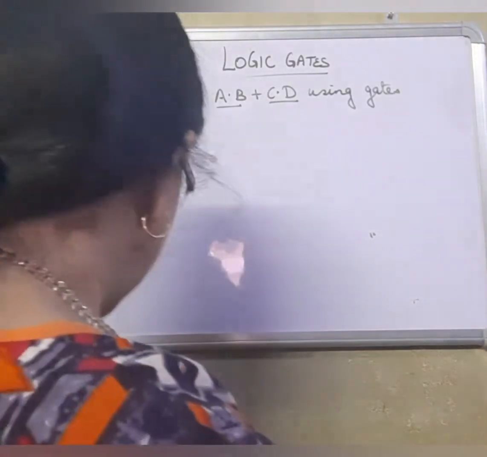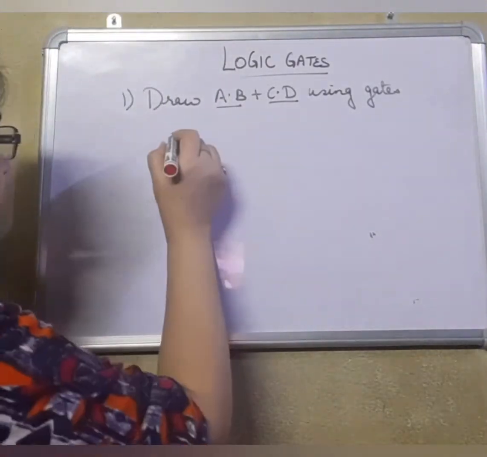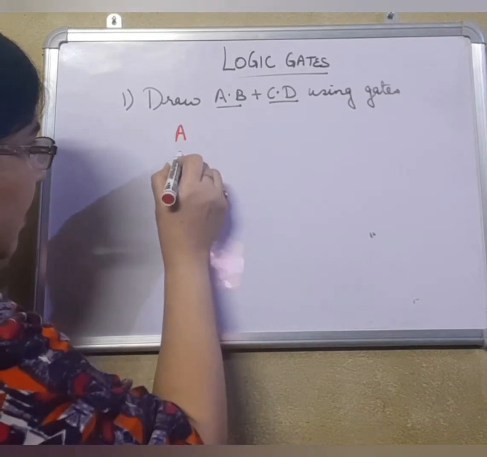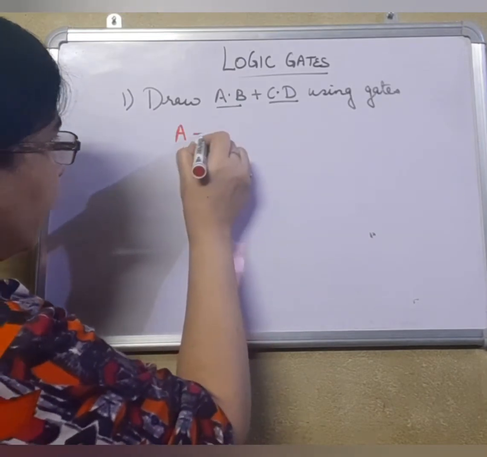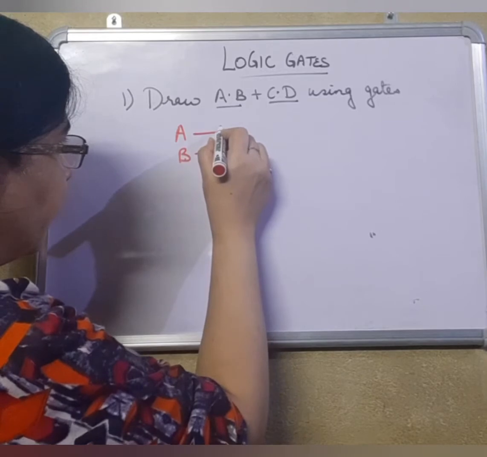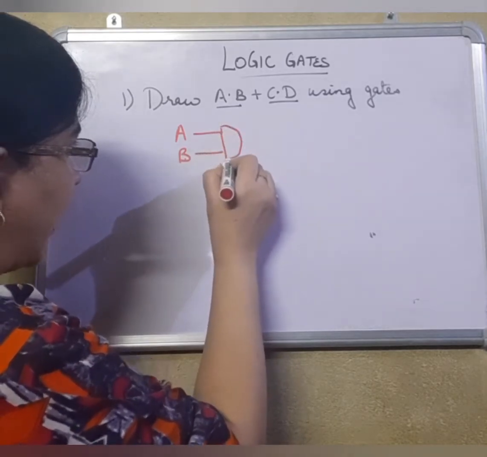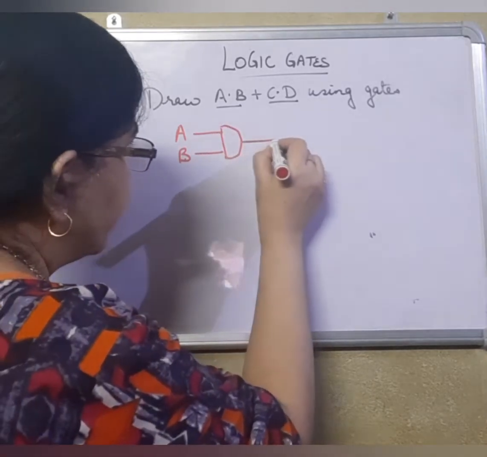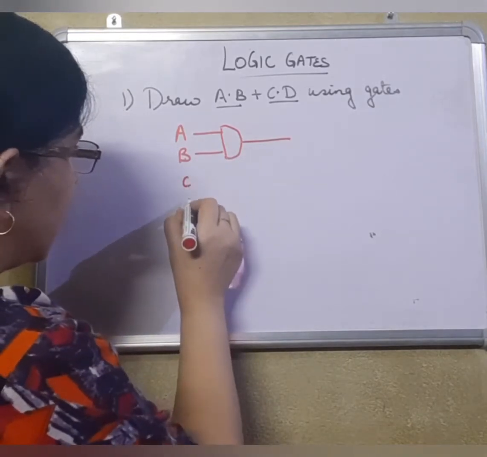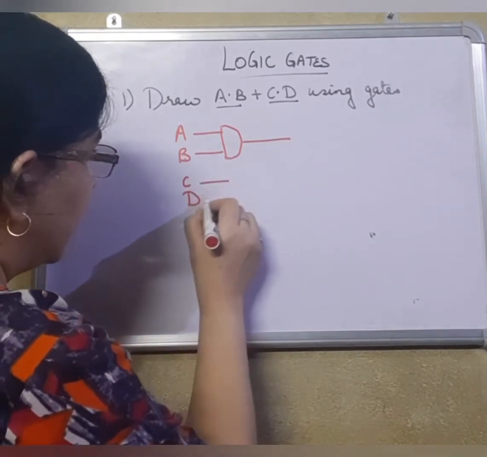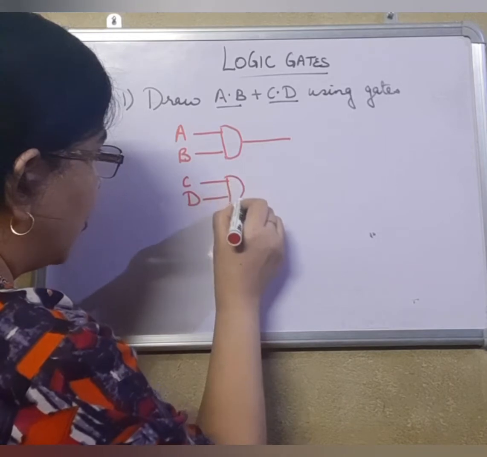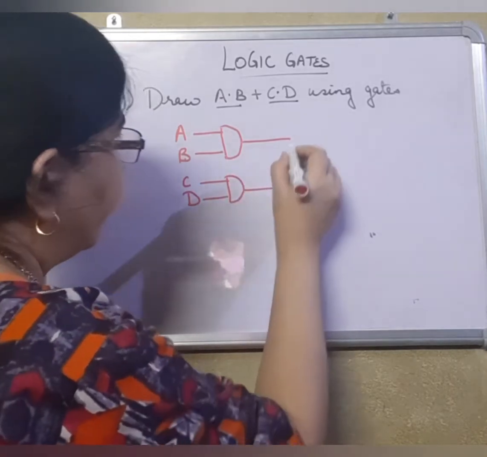And how do we make a diagram? This is A, this is B. Pass them through an AND gate. This is C, this is D. Pass them again through an AND gate.